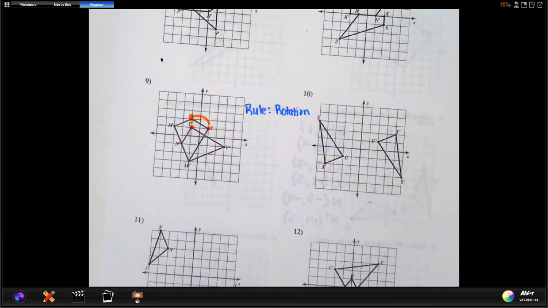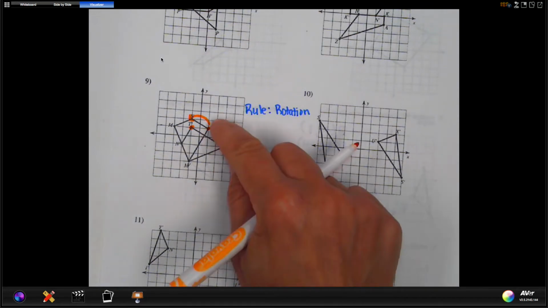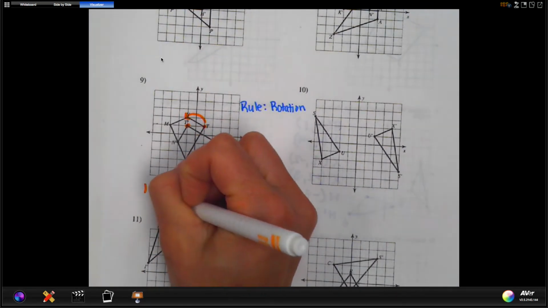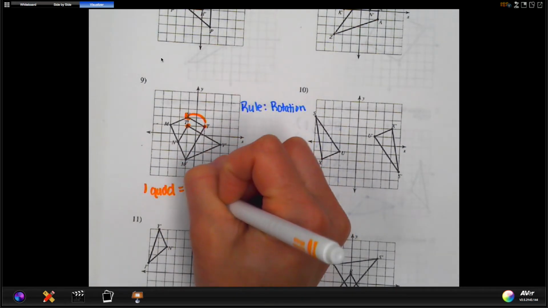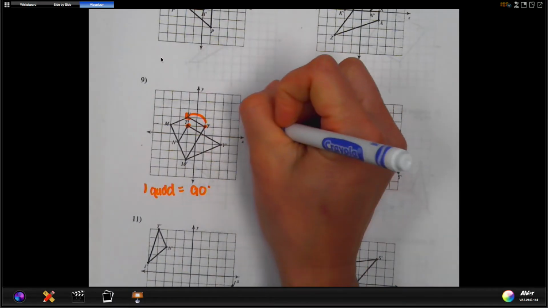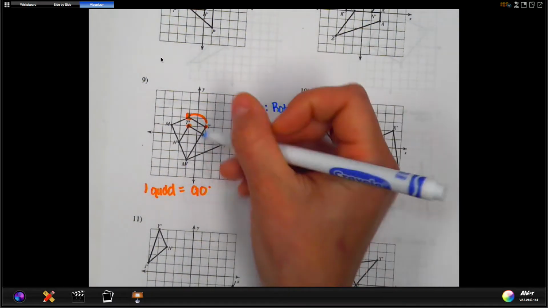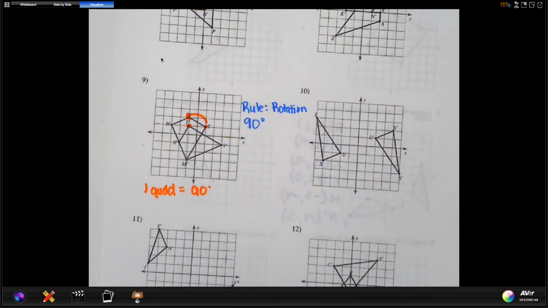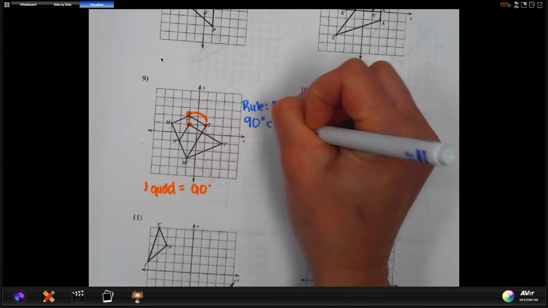Okay, so if I go that direction, it only jumps one quadrant. So one quadrant is equal to 90 degrees. Okay, so this is going to be a rotation, I know, of 90 degrees. And then I got to decide, is that going with the clock or against the clock if I go that way? That's going against the clock, so this would be counterclockwise.